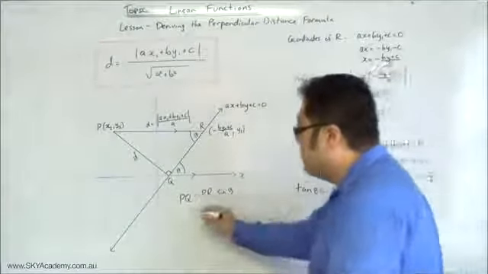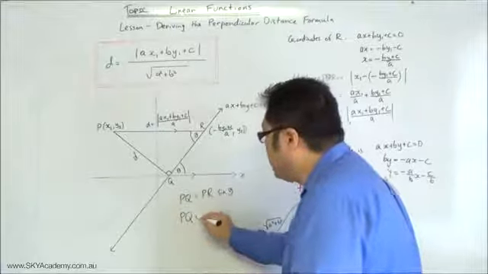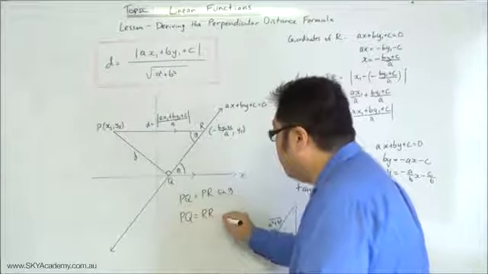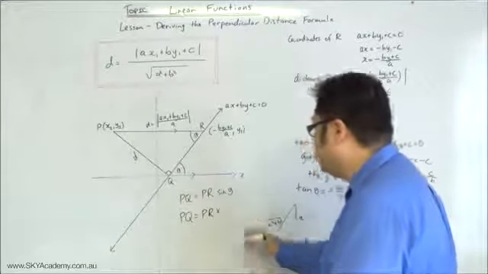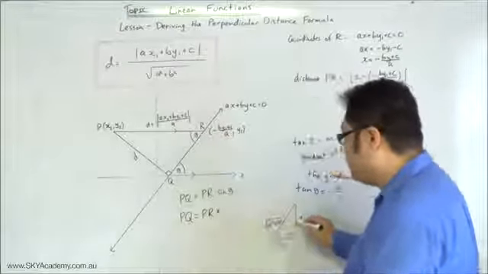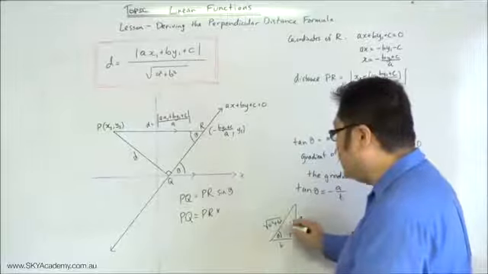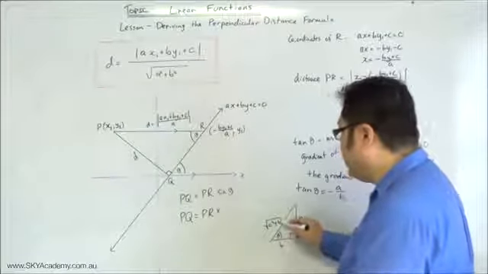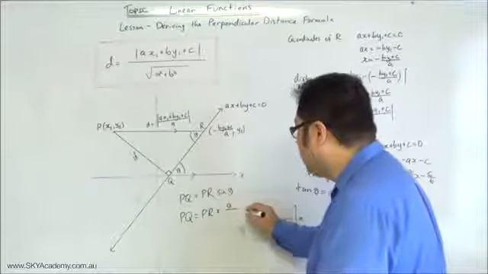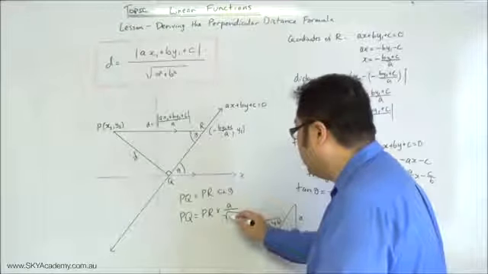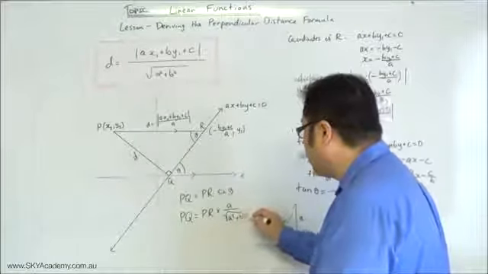So in other words, PQ is going to be PR times sine theta, alright, a on the square root of a squared plus b squared.